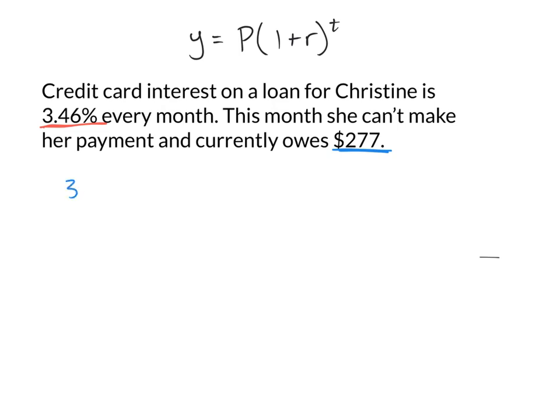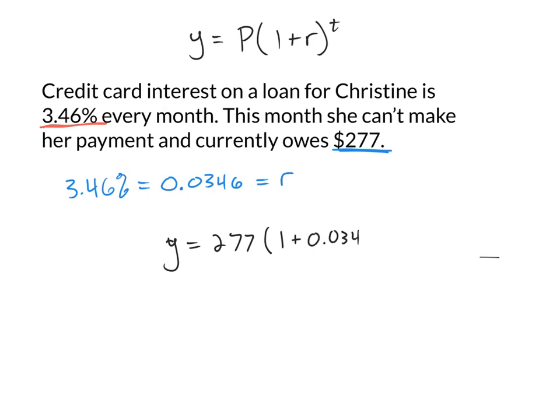3.46% in number terms, if I want to change that percentage into a number, it's 0.0346. And so this is the value that we have for our R. I'm going to plug the principal in for the principal. So y equals 277 parentheses 1 plus 0.0346 to the power of t.